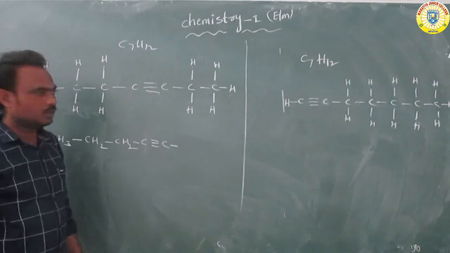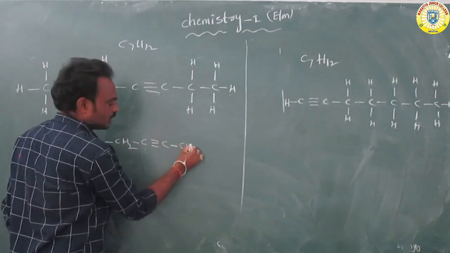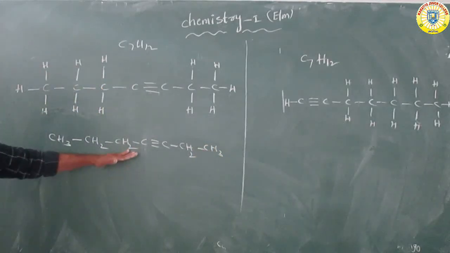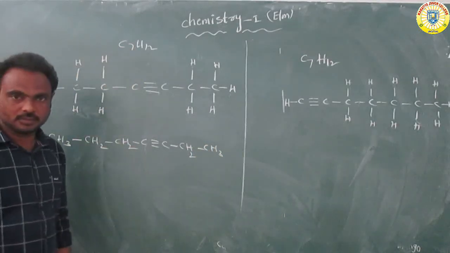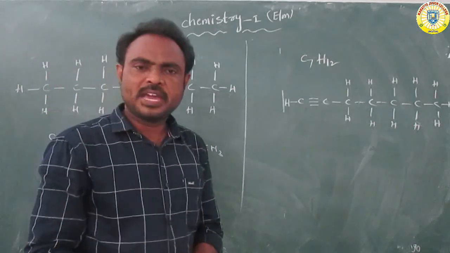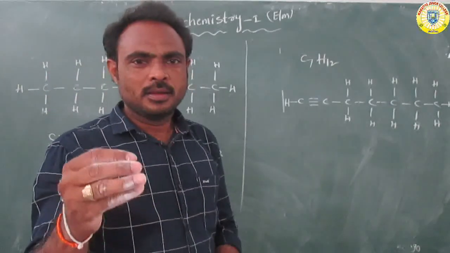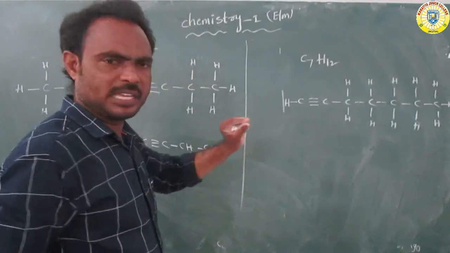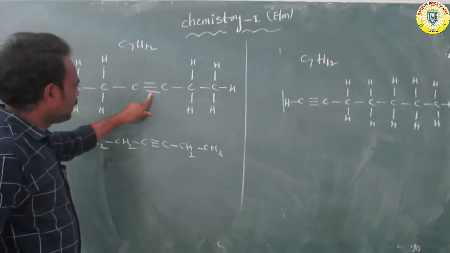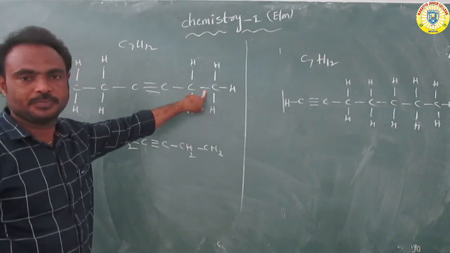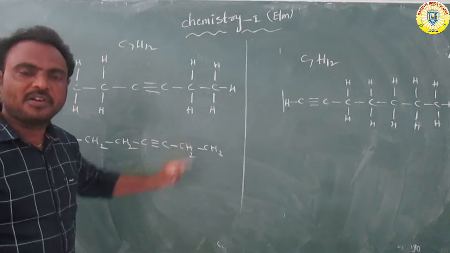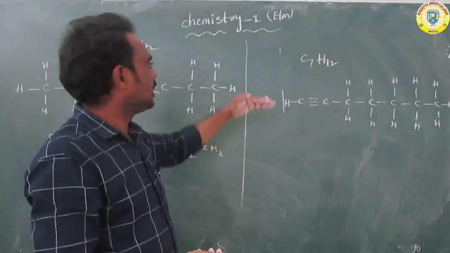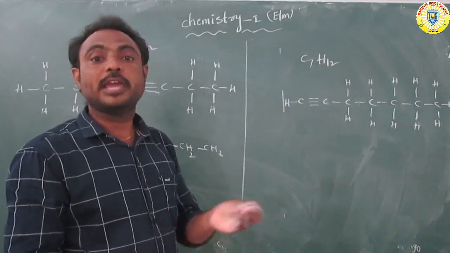Next bond, CH2, CH2, bond, CH2. So it is also a structure of heptyne. We have changed the place of the triple bond, any place. Suppose this place or this place, we write the triple bond. Further, we arrange the hydrogens. So it is the structure of heptyne.